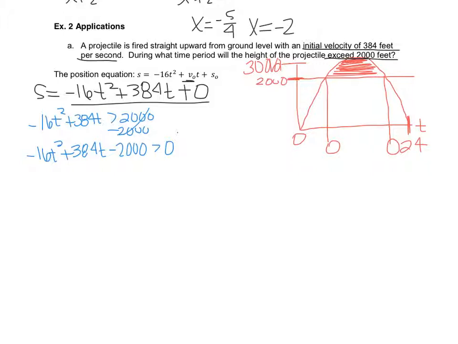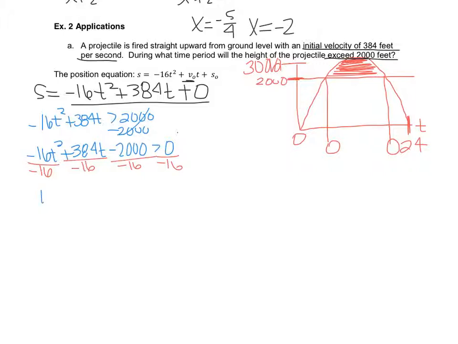Now, from this point, what we can do is we can use the quadratic formula. I notice I can actually divide everything here by negative 16 and make my number smaller. Now, this is not a necessary step, but I'm going to go ahead and do it.